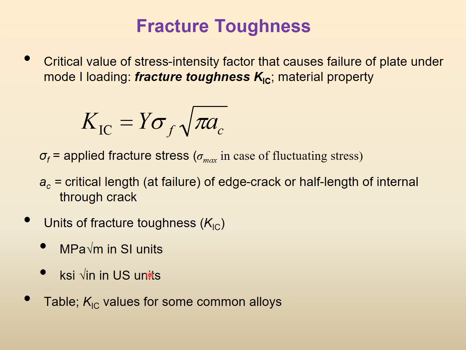So if you are using SI units, then the unit for this new property called fracture toughness, K1C, is megapascal root meter, and in the earlier British units, now the US units, it is KSI root inch.